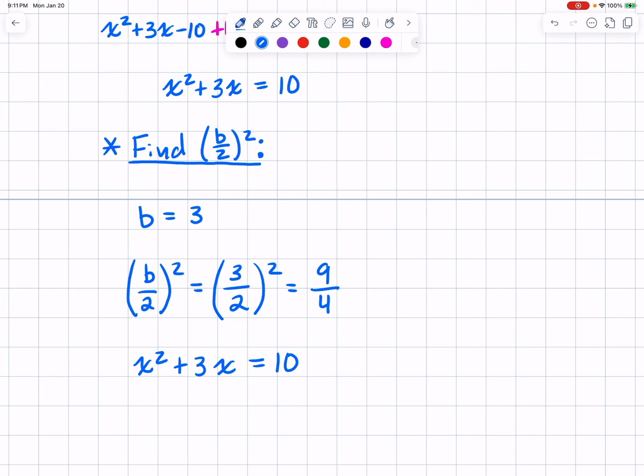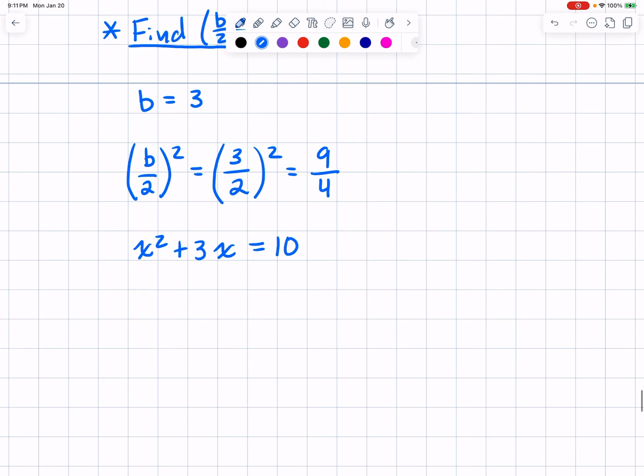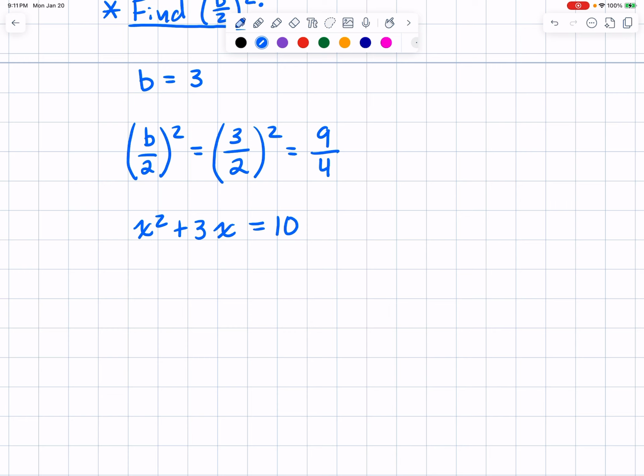And now we're going to add 9 over 4 to both sides. So I'm going to get x squared plus 3x plus 9 over 4 equals 10 plus 9 over 4.